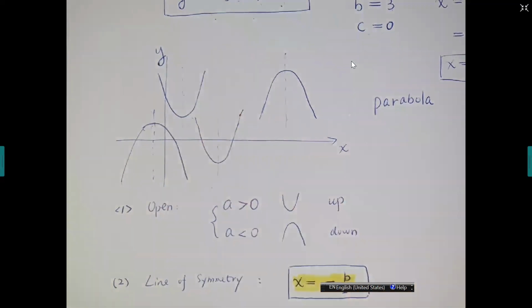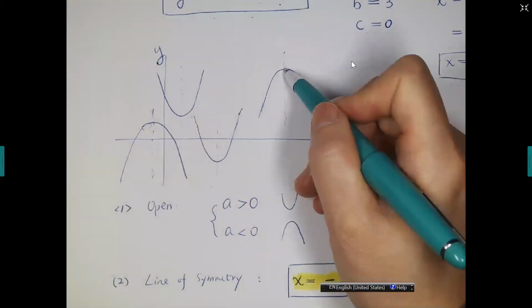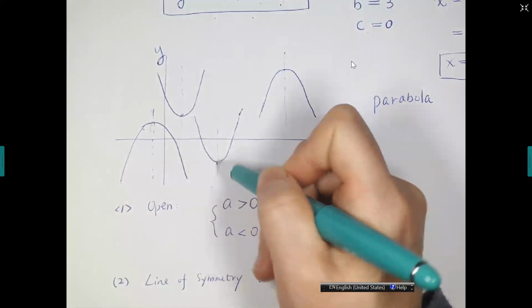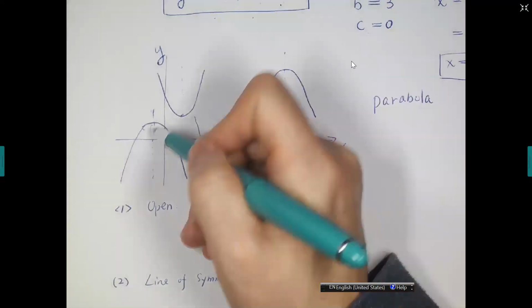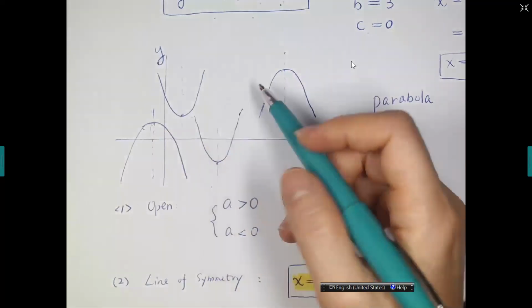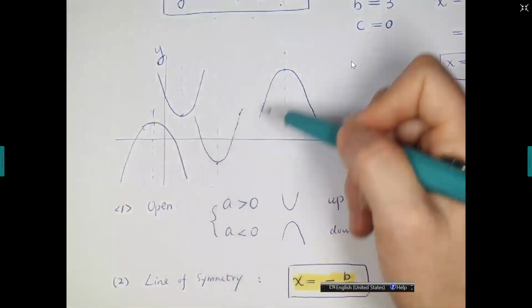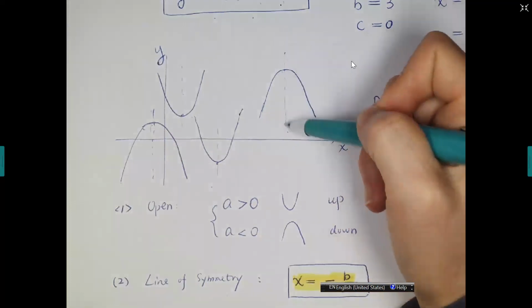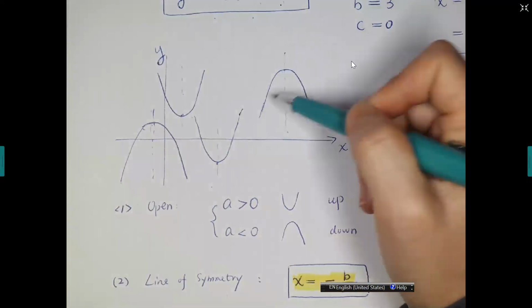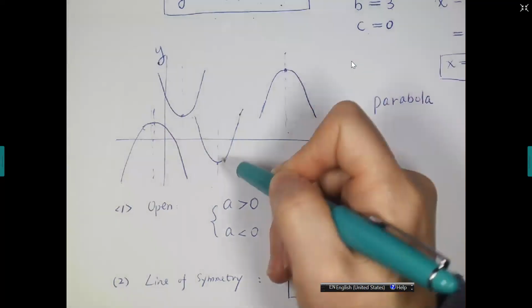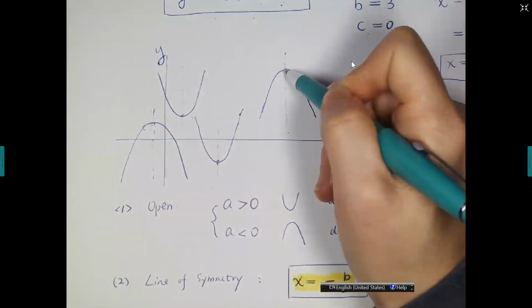And I also want you to notice, I didn't graph it very well here. If I graph the parabola perfectly, we'll notice the turning point, the lowest or highest point, where it makes the turn, stays on the line of symmetry. So where the line of symmetry crosses the parabola, that point will be the lowest or highest point.